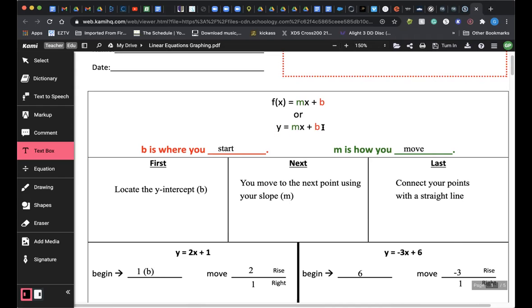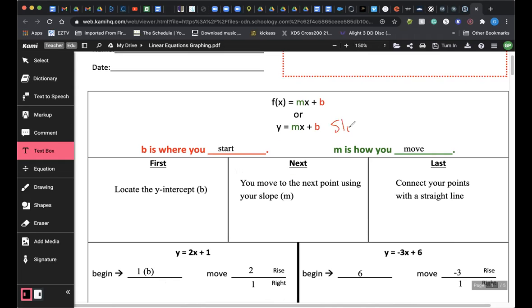So what we talked about on Monday, just to recap, is that this is the standard equation for a line. We call this the point slope form, or the slope intercept form, excuse me.